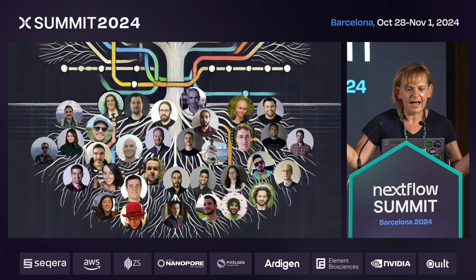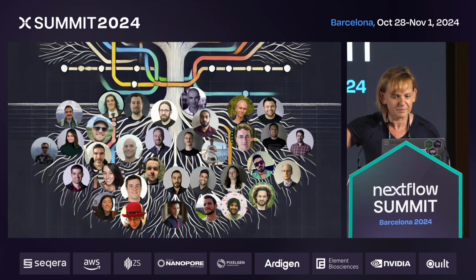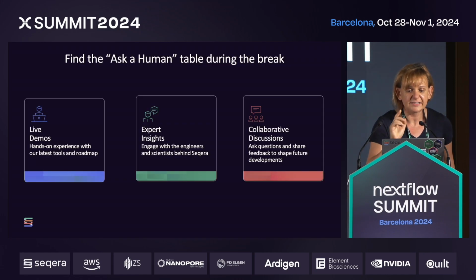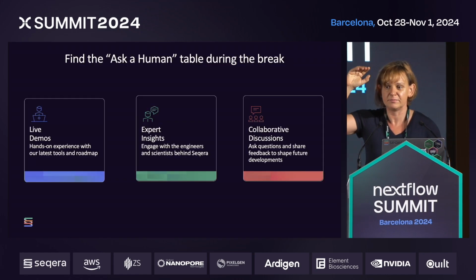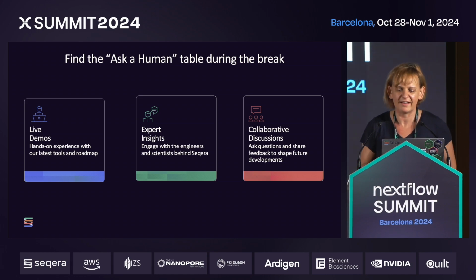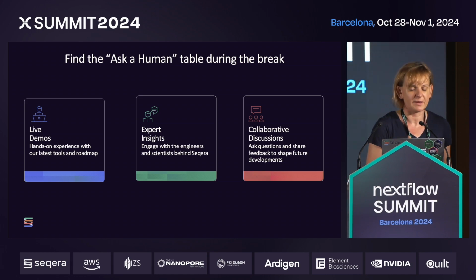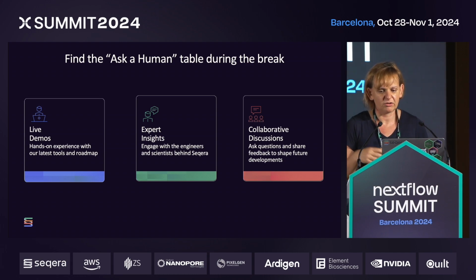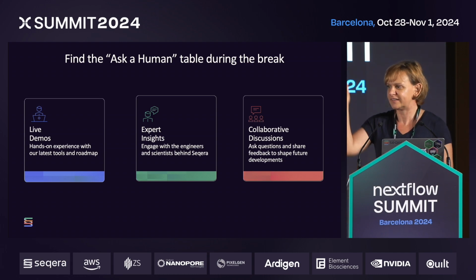But I did want to show how many of us are supporting all of this below the water. This is not your only opportunity to learn about them. There's a table upstairs that says Ask a Human on it. It's manned by quite a few engineers, but also by product. I think Matteo and Andrea and Lilia and Rob are sitting up there today.